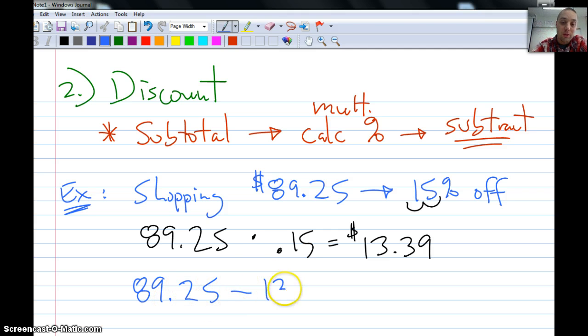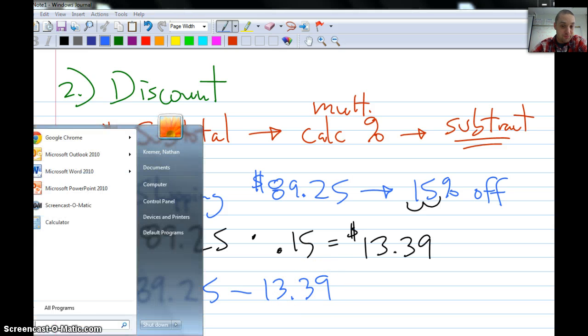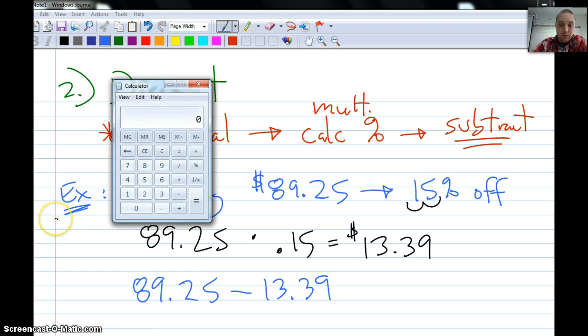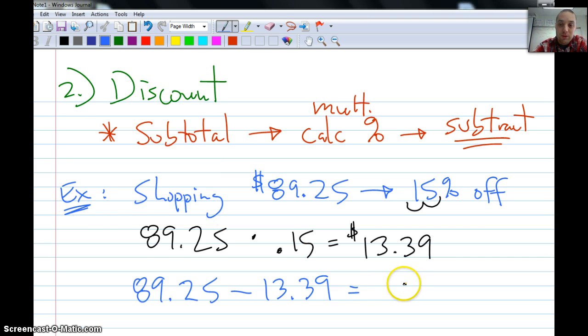We get to take out $13.39, and then we just do a little subtraction. So we'd go $89.25 minus $13.39. It's $75.86. So $75.86 is our new total. And that's it. So if you're getting a discount, you subtract it.